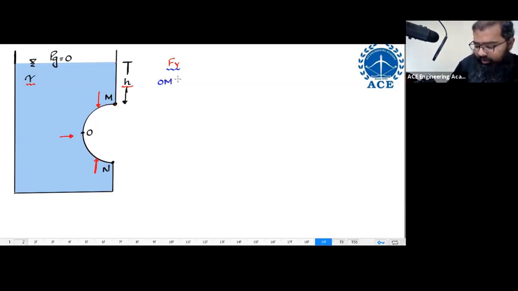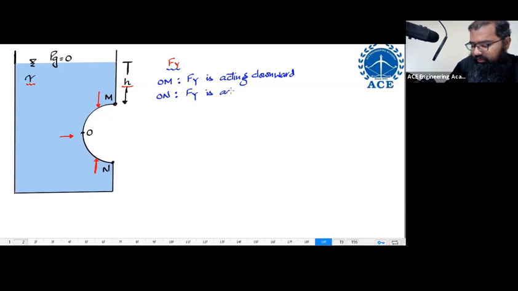In the region OM, Fy is acting downward. What about the ON region? In the ON region, Fy is acting in the upward direction. So now I will find out how much volume is responsible for OM.